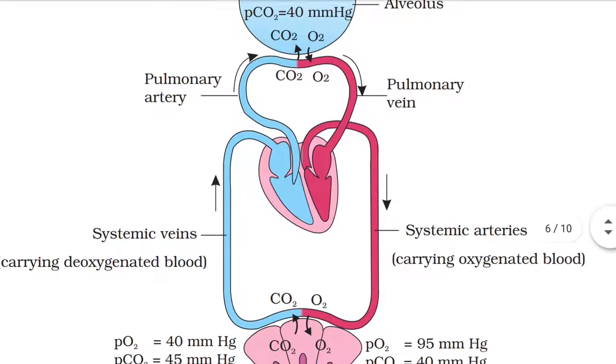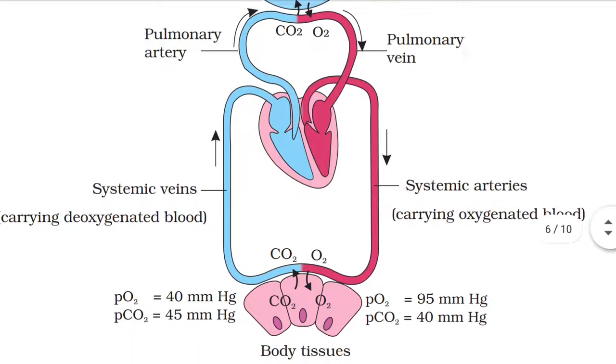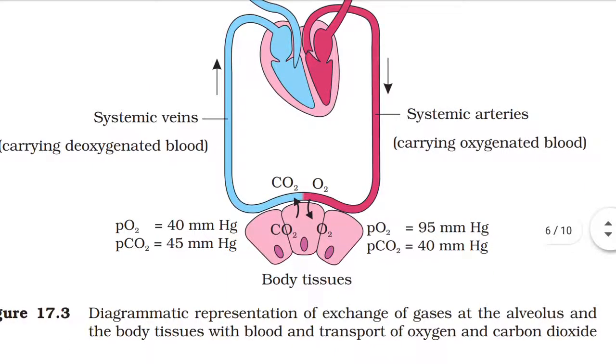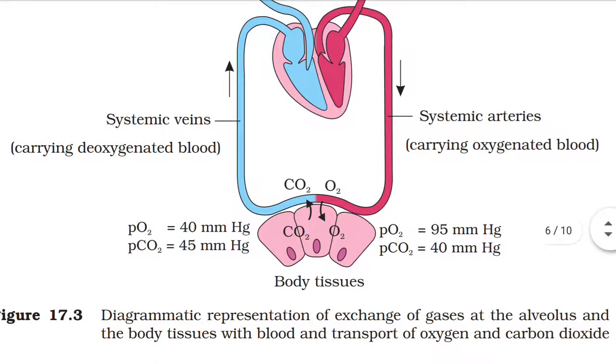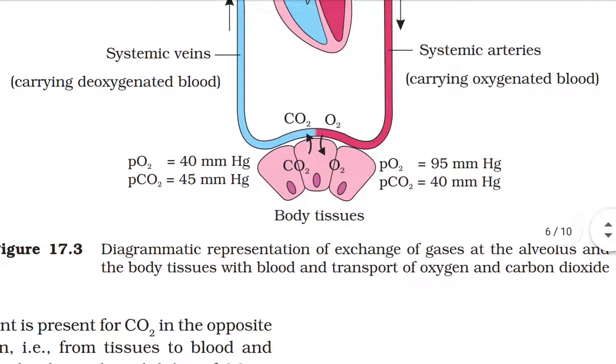When you go down, you have the pulmonary artery, which carries the deoxygenated blood, and the pulmonary vein, which carries the oxygenated blood. And we have the systemic veins and the systemic arteries carrying the deoxygenated and oxygenated blood. In the systemic veins, carrying deoxygenated blood, PCO2 is 45 and PO2 is 40.